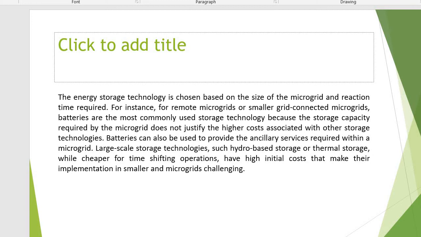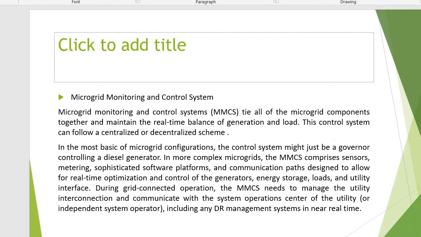Batteries can also be used to provide the ancillary services required within the microgrid. Large-scale storage technologies such as hydro-based storage or thermal storage, while cheaper for time-shifting operations, might have high initial costs that can make the microgrid a challenging task.